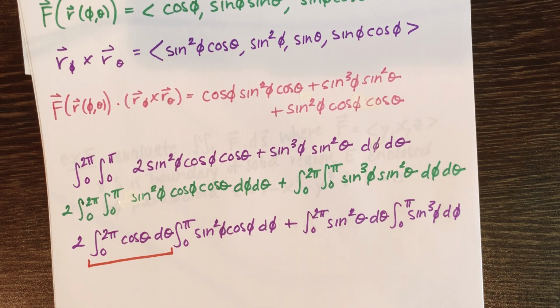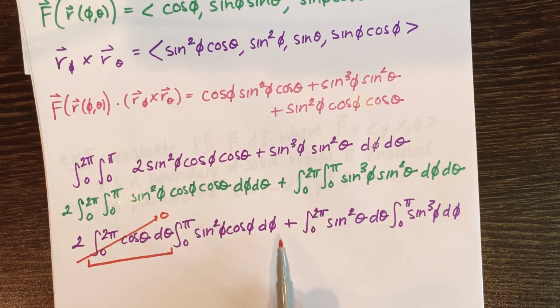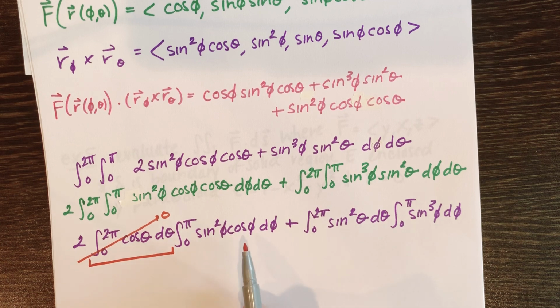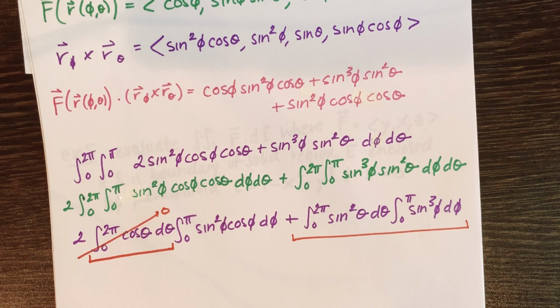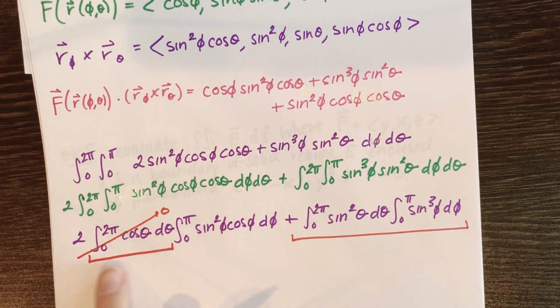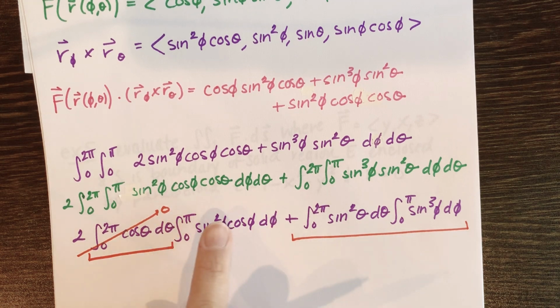When I integrate that, I get sine theta, and I evaluate that at 2 pi and at 0. That gives me 0 minus 0, so it's just 0. This goes to 0, which means this entire thing goes to 0 because it's 0 times something else. So I'm only concerned with this part. It's really helpful because it looks really complicated, but that entire first half just disappears.